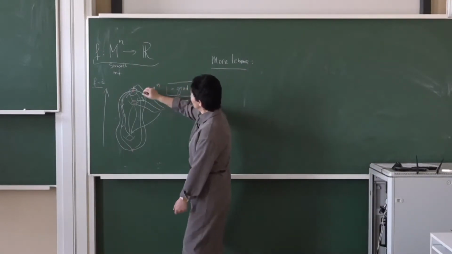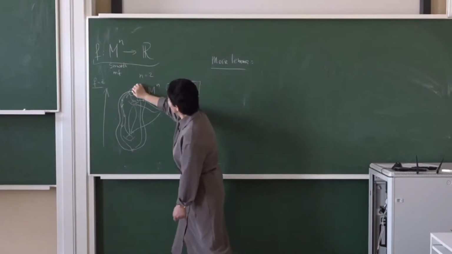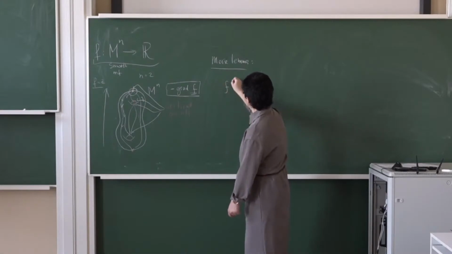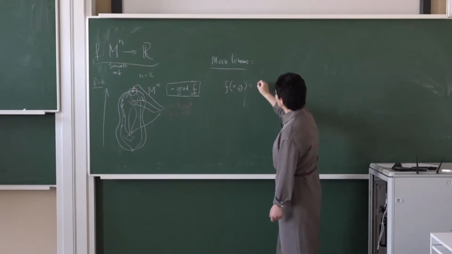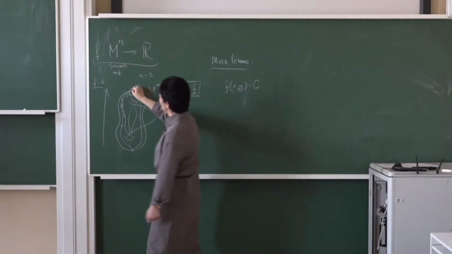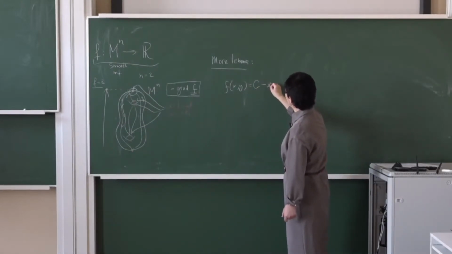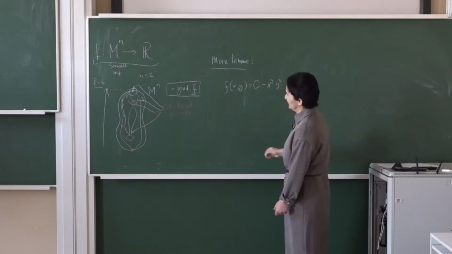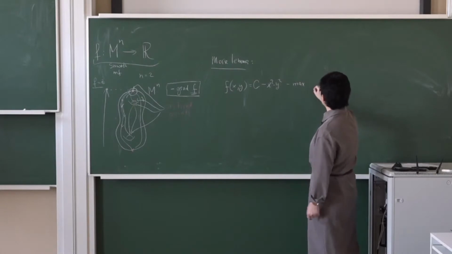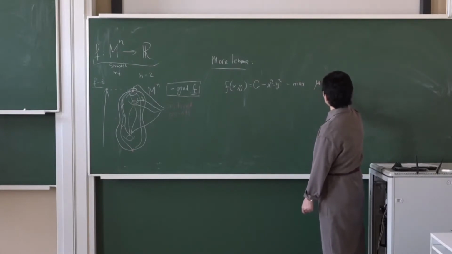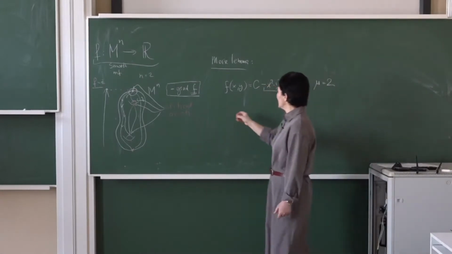For instance, if n equals 2, as in this picture, at this point f looks like this. In appropriate coordinates x and y, it is some constant c minus x squared minus y squared. Why so? Because this is a maximum. And then we say that the Morse index equals 2, because here we have two negative squares.